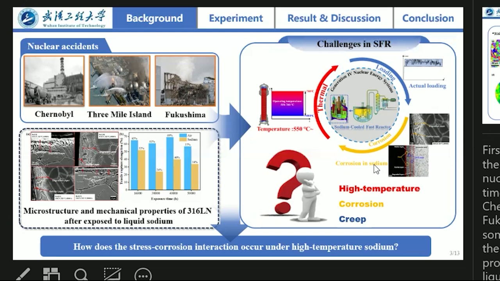High temperature and loading are always working together. So in this work, we think we should consider how the stress-corrosion interaction occurs under high temperature sodium, and what the mechanism is under this condition.